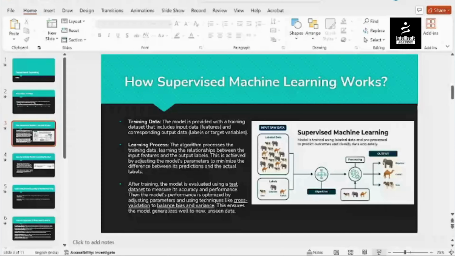Like if I say that I gave data about spotted cows, and then I gave a prompt of a single color cow. Like I gave a black color cow and asked the machine to identify it. So if it is not identifying it as a cow, so it's a bias.